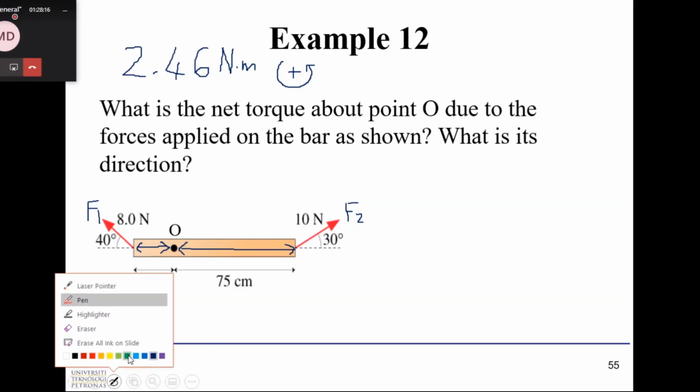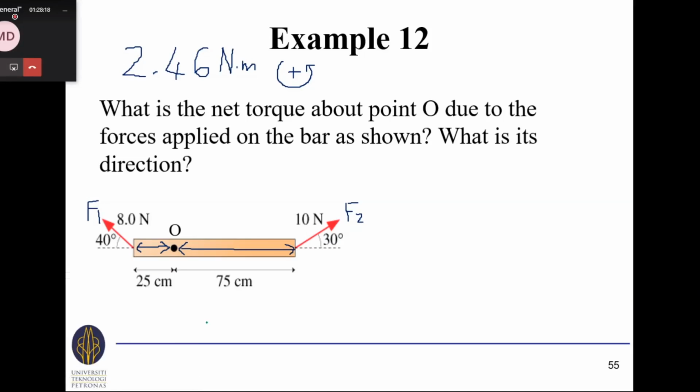Then next, because both forces come with an angle, that means you need to have your F1x and F1y, F2y and F2x, and then check again which one will contribute to the rotation.